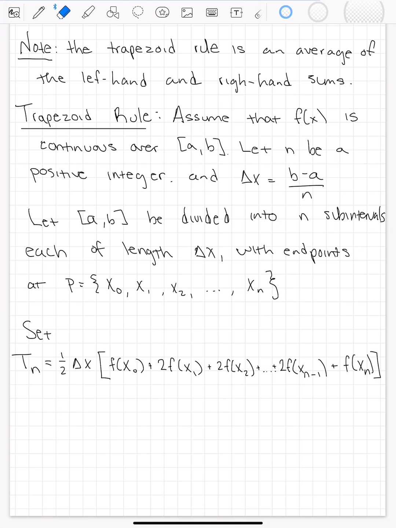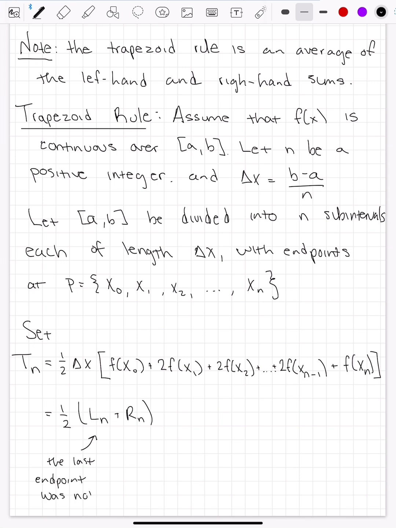So if you notice, this is just a weighted average of the left hand and the right hand sums, because remember, in the left hand sum, the last endpoint was not included.